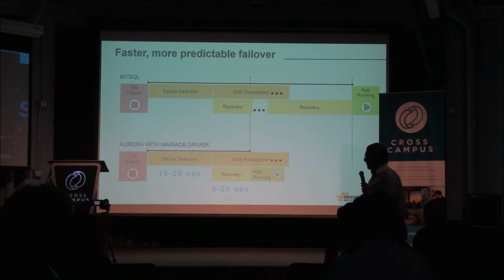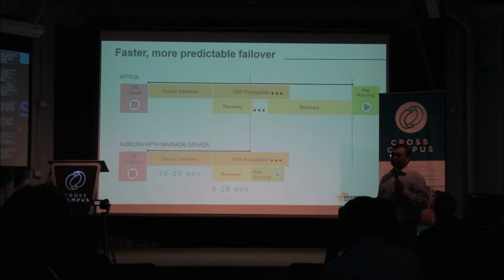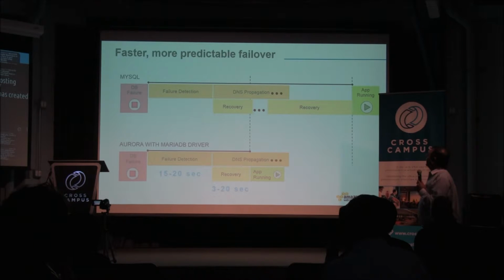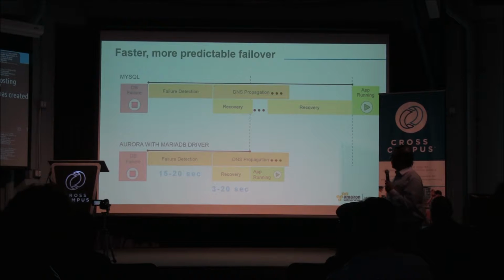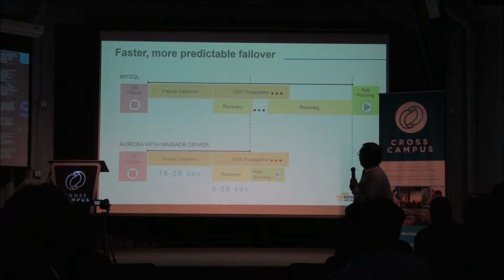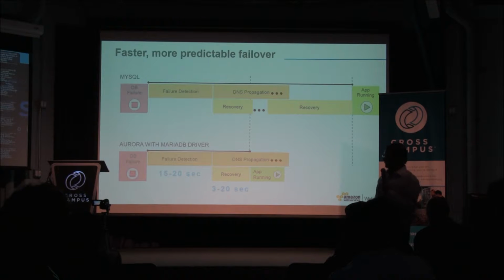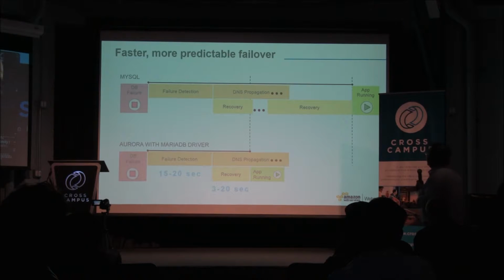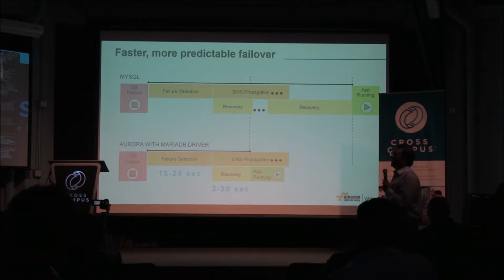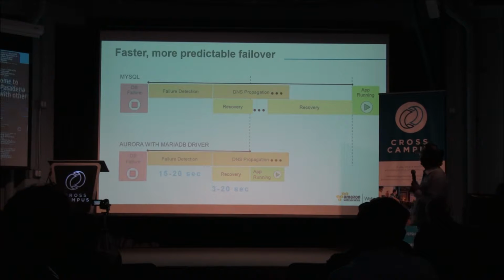So if you add all of this up, where do you end up, right? It's a much faster, more predictable failover. How do you get there? This is comparing MySQL with Aurora, and I'll talk a little bit about the MariaDB driver. So when MySQL crashes, we do failure detection, which takes some amount of time.